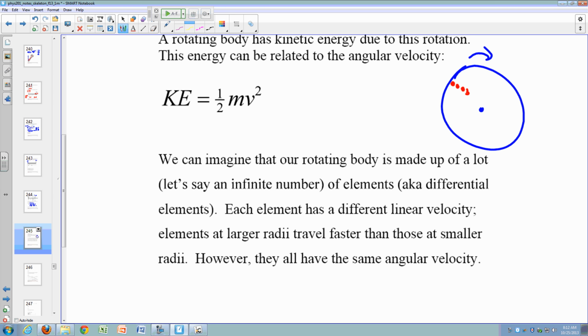Now, each element has a different linear velocity, right? Each of these little pieces is going a different speed, so each of them has a different kinetic energy. What I want to do is calculate the kinetic energy of each of those little pieces, and then add them all up. I'll do this huge summation. And that summation is called a what in calculus?